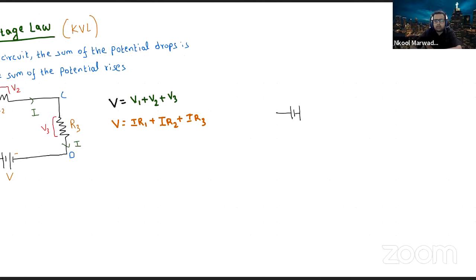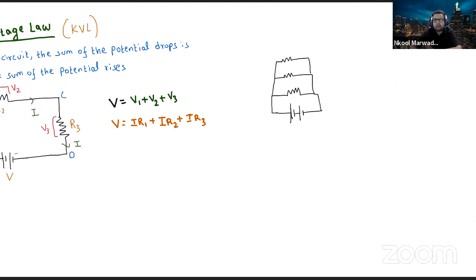I have a circuit like this. Now here something interesting will happen.